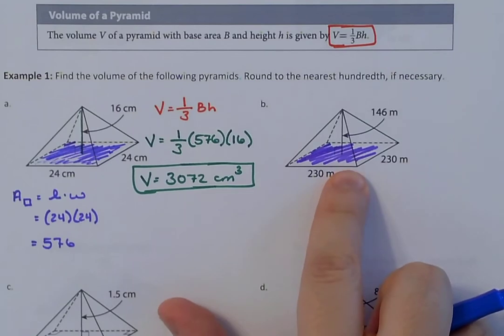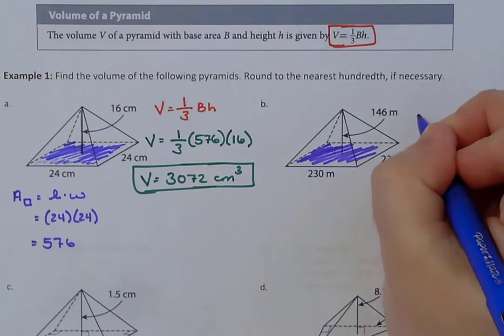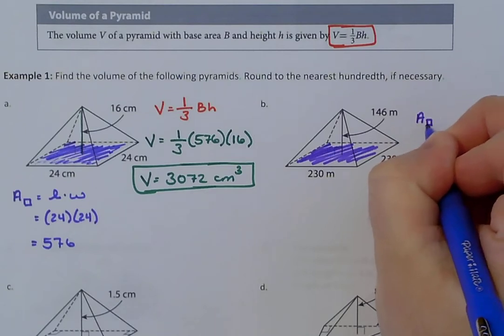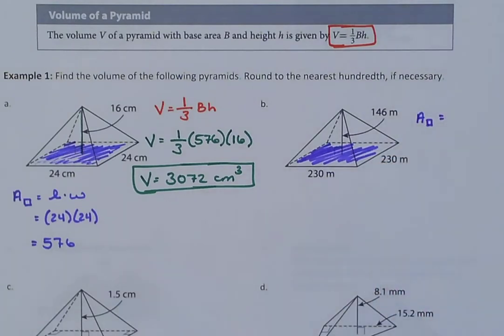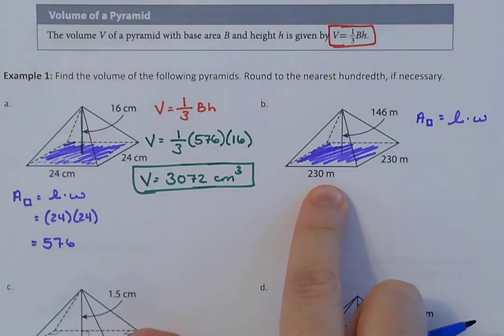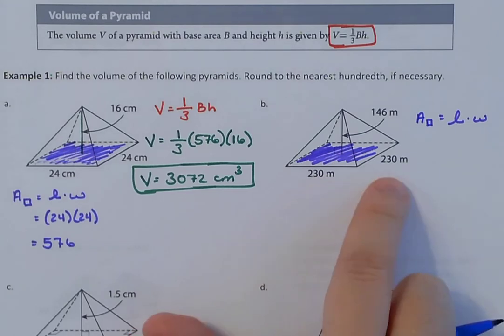So we have to figure out the area of the base, which in this case is a rectangle. So to find the area of a rectangle, it is length times width. So the length of this rectangle is 230, and the width of this rectangle is 230.